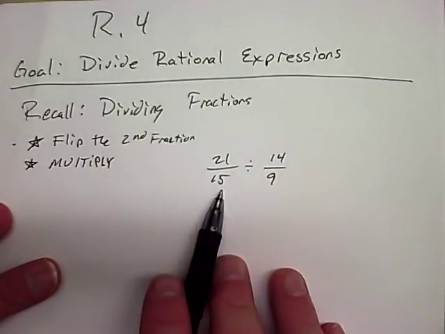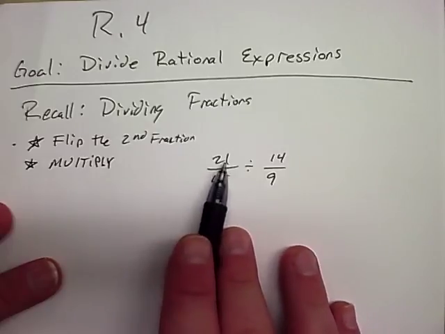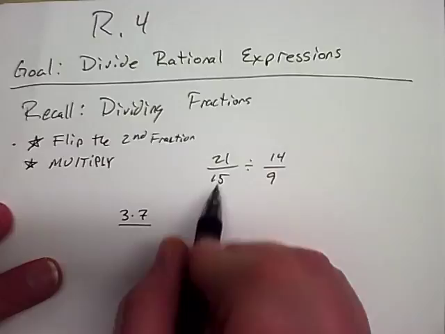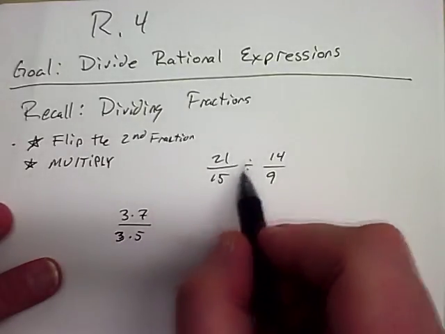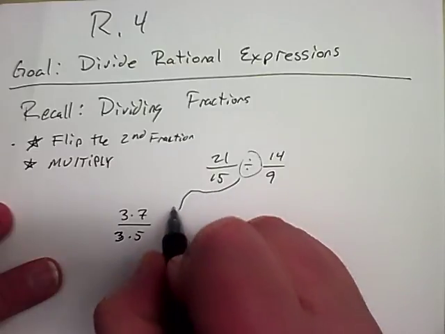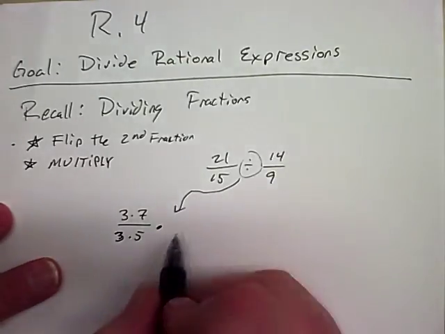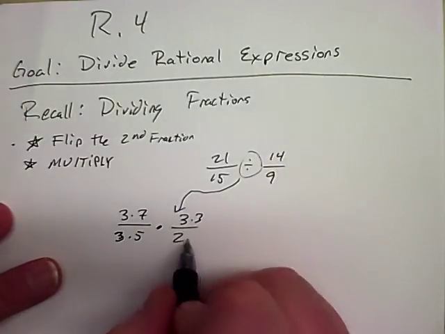So I'm going to factor these just like I did in the other one. 21 is really 3 times 7. 15 is 3 times 5. And now instead of division, I'm going to switch it into multiplication. And now I need to flip these. 9 is really 3 times 3, and 14 is really 2 times 7.